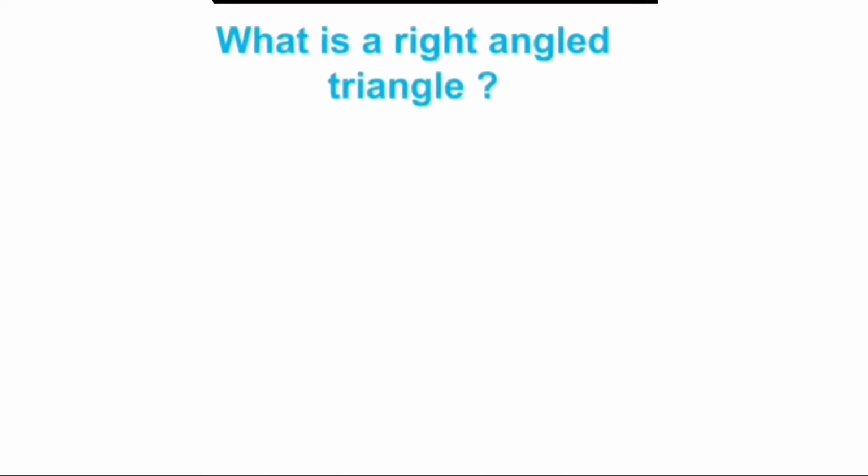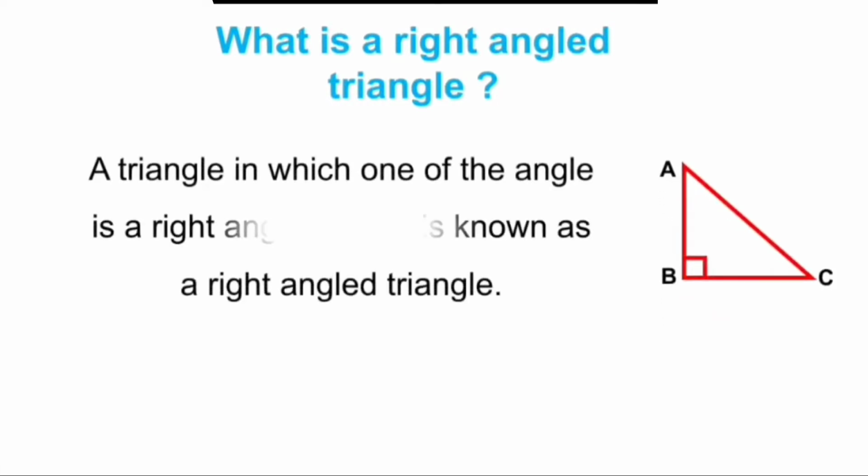What is a right angle triangle? Yes, a triangle in which one of the angles is a right angle, that is 90 degrees, is known as a right angle triangle.